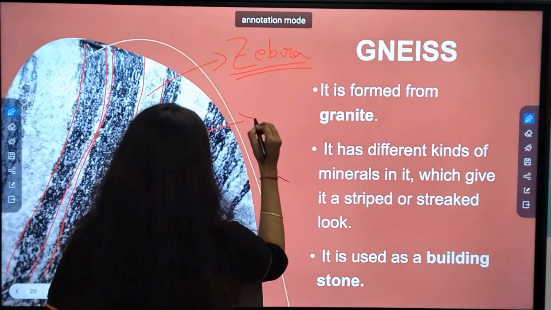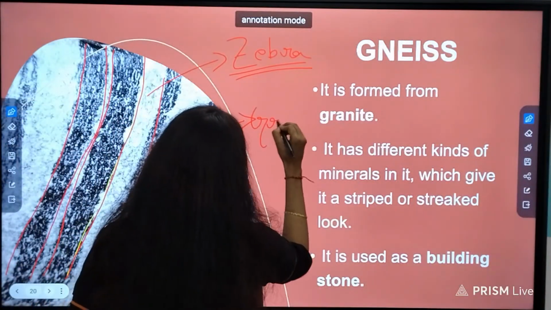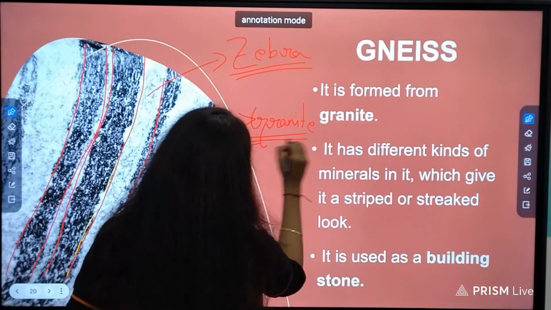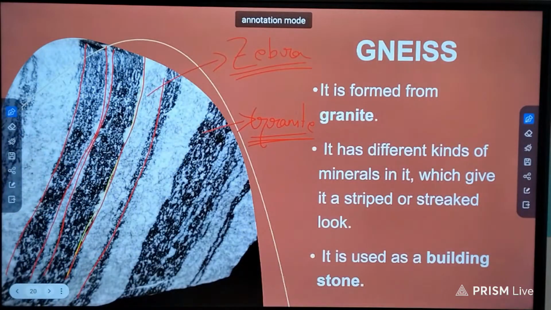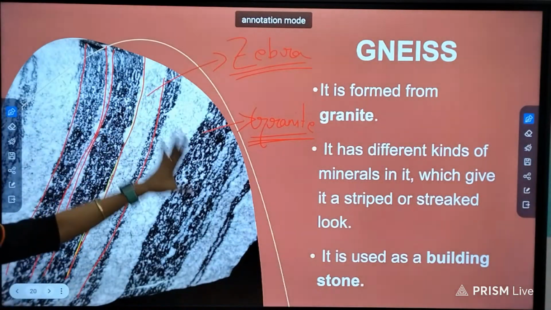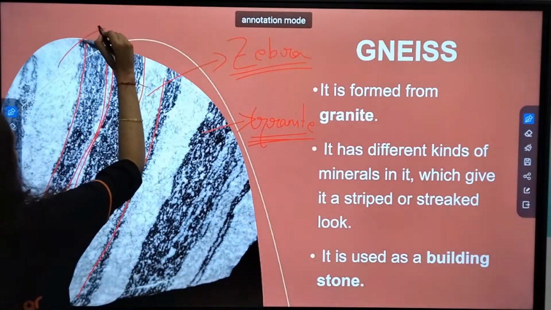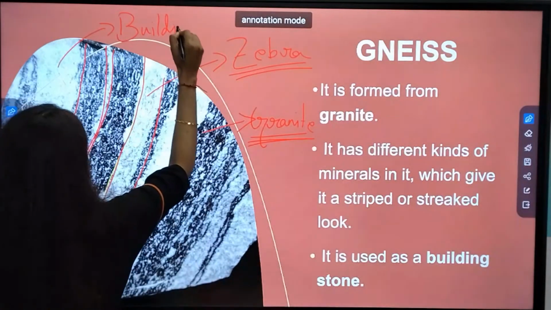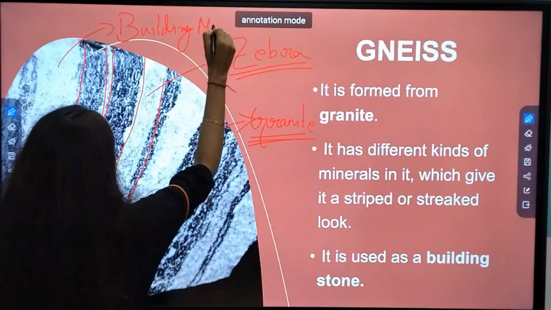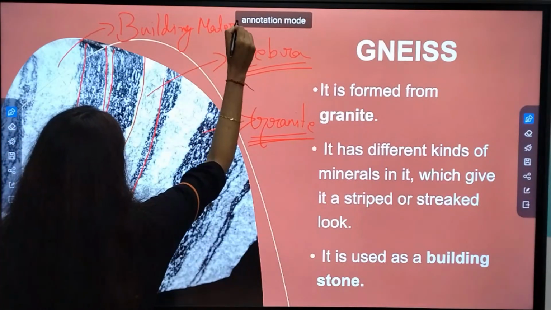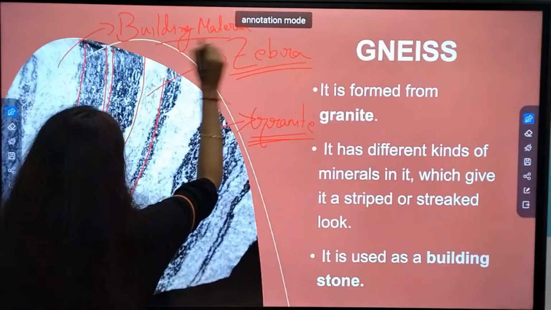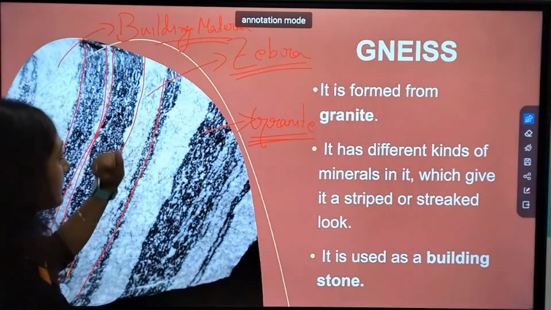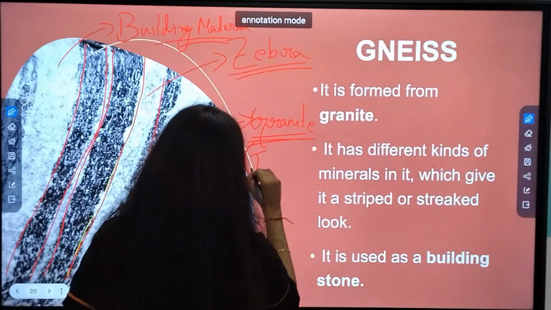And which igneous rock? Granite. It's formed of granite. Okay, now let's read. It is also used as a building material. It is famous for the stripes and used as building material. It is formed of igneous rock, which is granite.